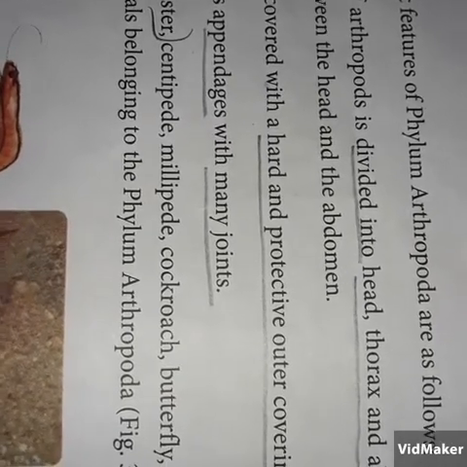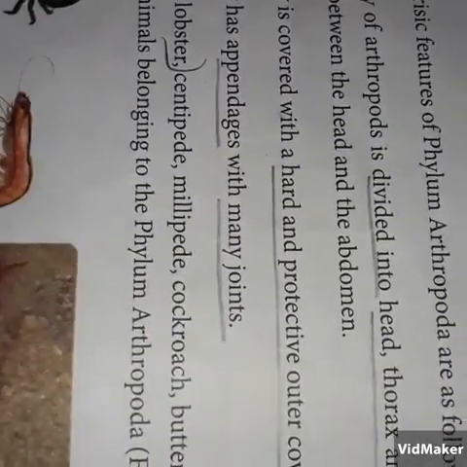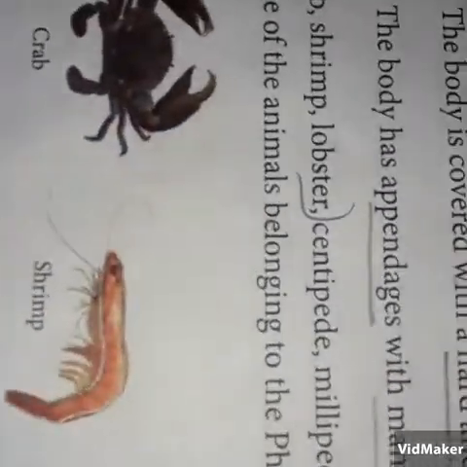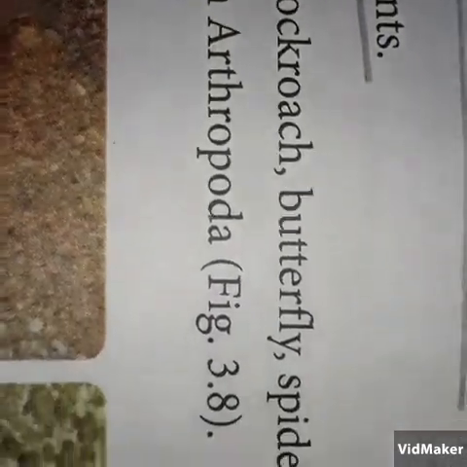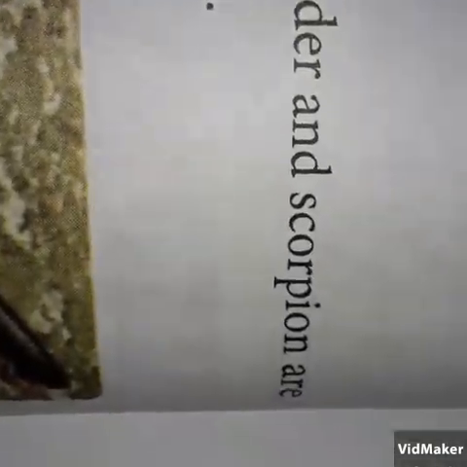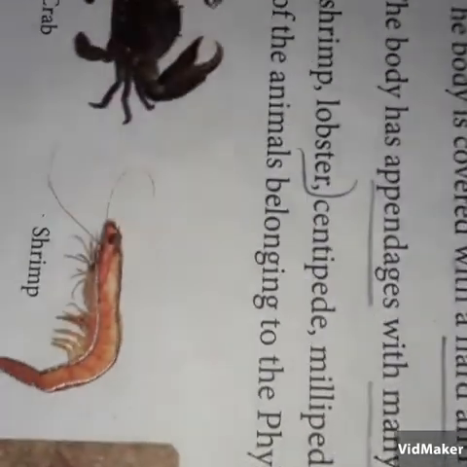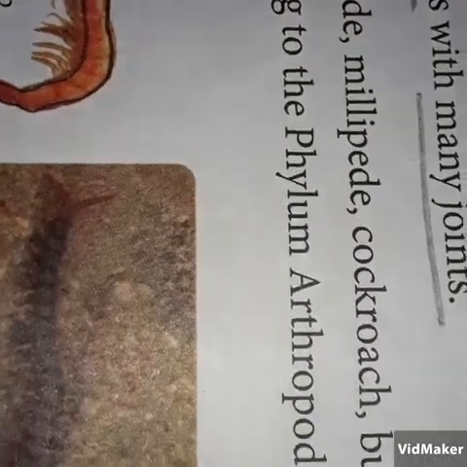Third point, the body has appendages with many joints. Crab, prawn, lobster, centipede, butterfly, spider, and scorpion are some of the animals belonging to phylum Arthropoda.